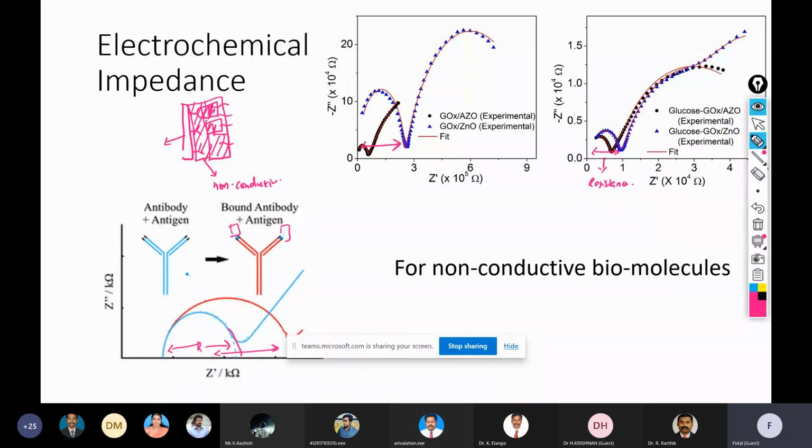This charge transfer resistance can be measured and calibrated, and you can have a sensor called an impedance sensor, which measures the molecule based on how much resistance it offers on the surface. Okay, yeah. This is not a very commonly used sensor, but it is one alternative that is coming up.